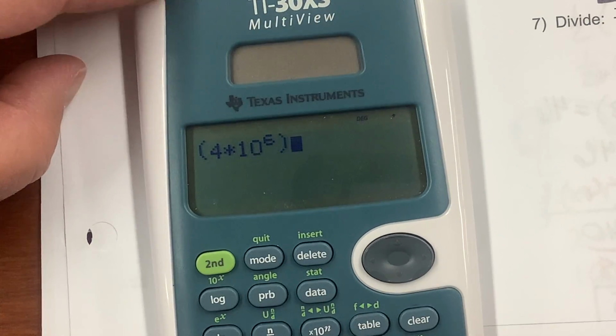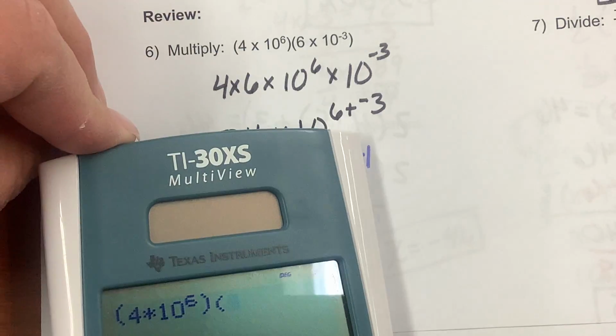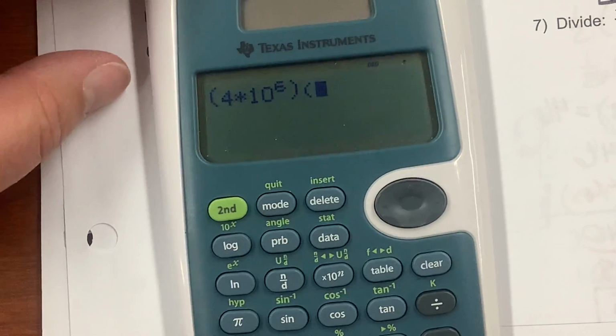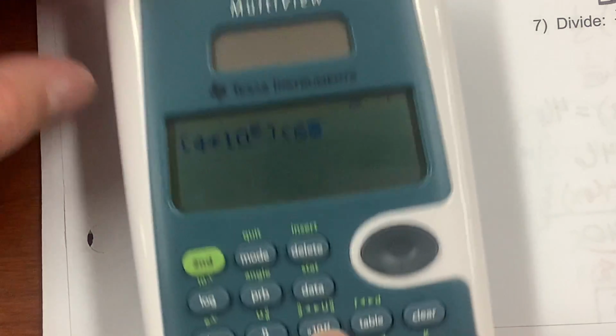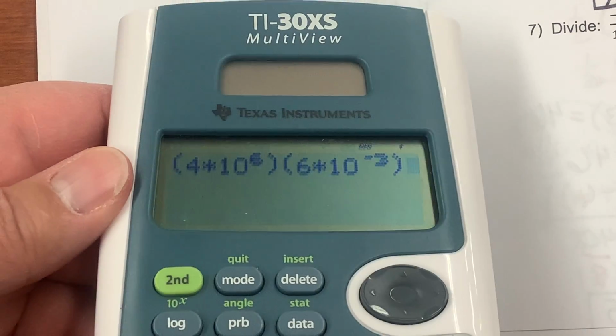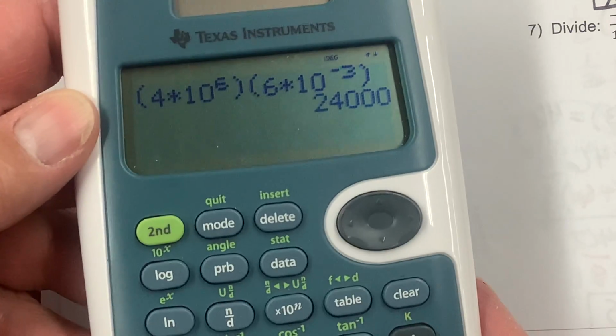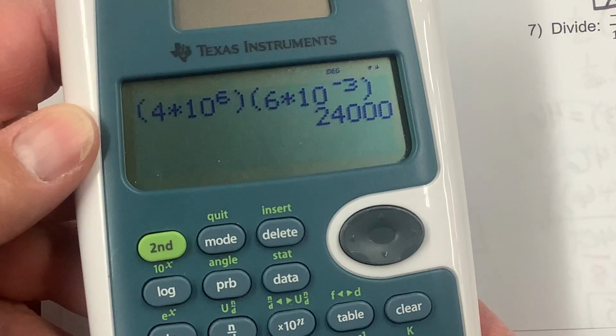Now the other half of the equation, which is 6 times 10 to the negative 3. 6, same little 10 to the x button, and put in negative 3, close my parenthesis, and now what's in my calculator exactly matches what's on here. If I press enter, I get 24,000.